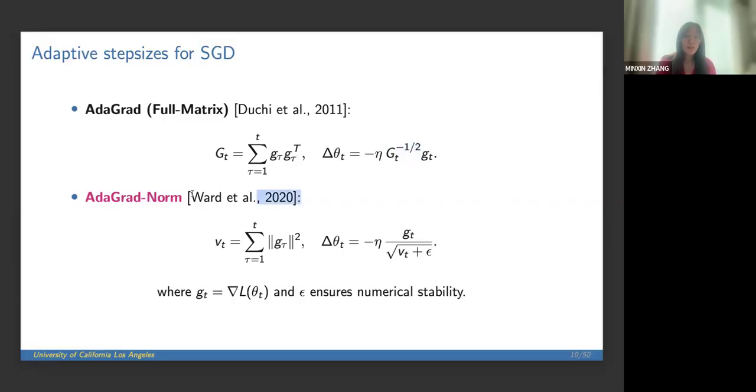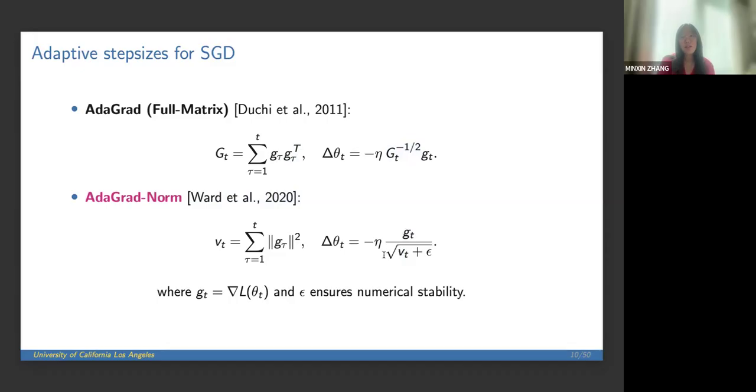Later, in 2020, a paper proposed the AdaGrad-Norm step size. Instead of accumulating the gradients as a matrix, it only accumulates the norms of the past gradients, and then uses this scalar to scale the stochastic gradient.